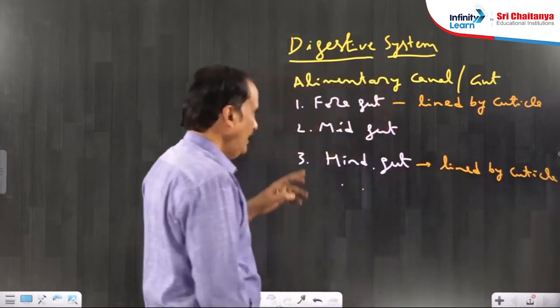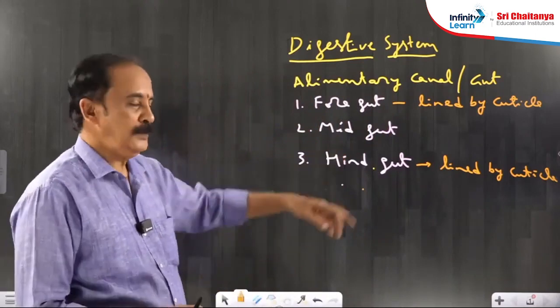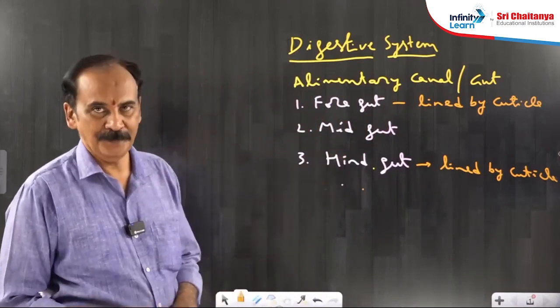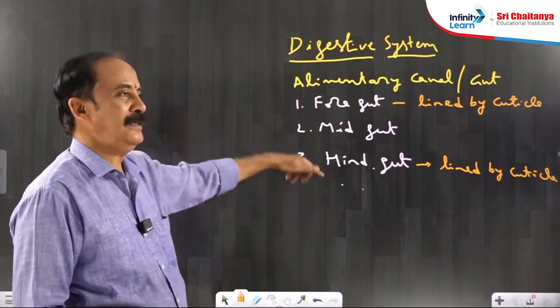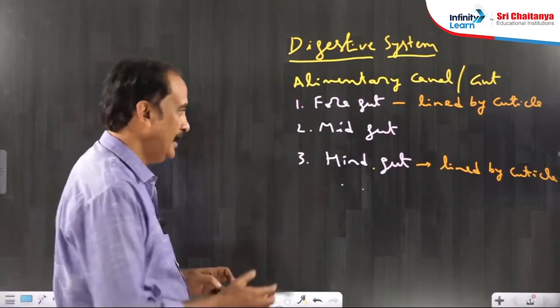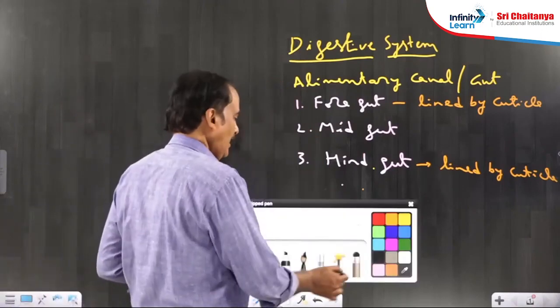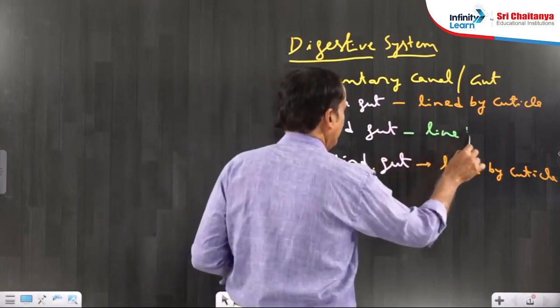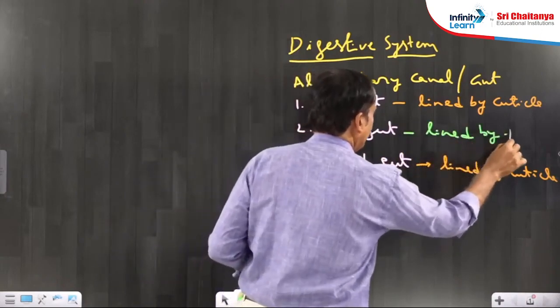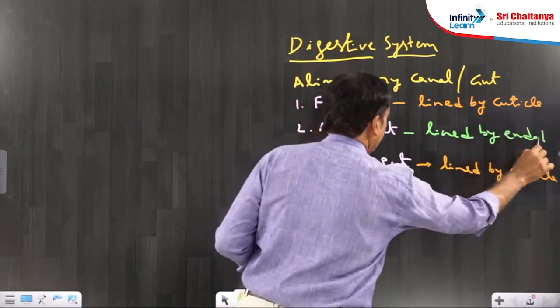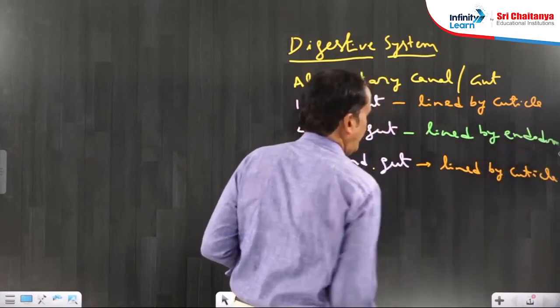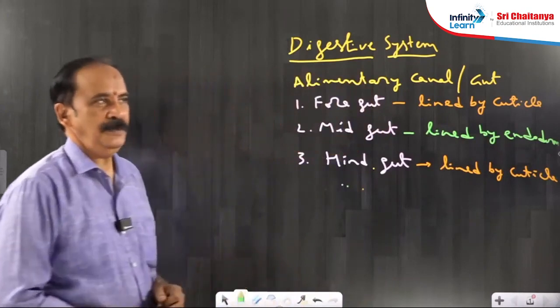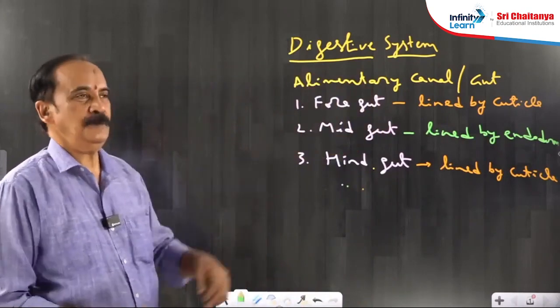In NCERT it mentions the foregut, but the hindgut is also lined by cuticle, complete foregut and complete hindgut. Midgut is not lined by cuticle. Midgut is lined by endoderm. You don't have an ectodermal covering, here only an endodermal lining is present.